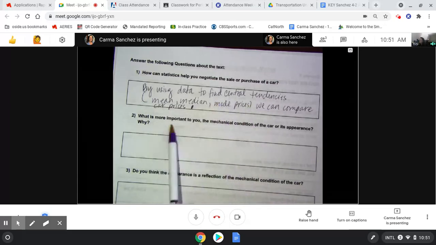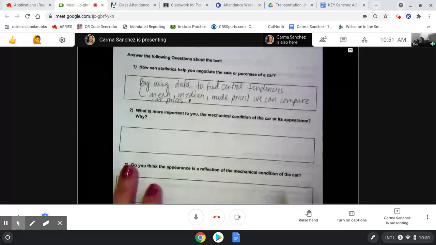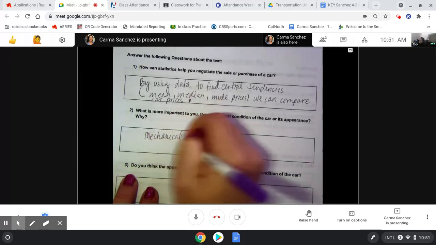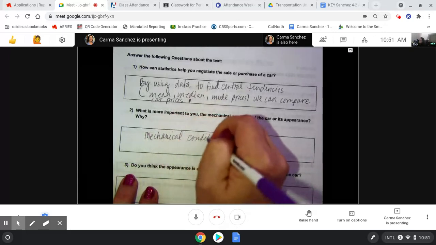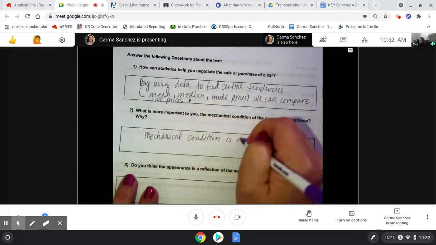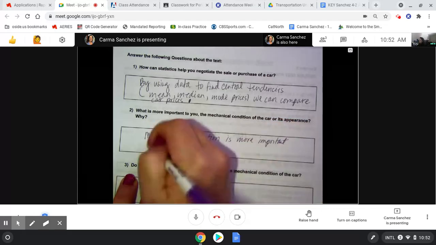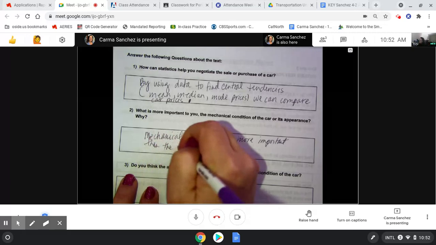What is more important to you, the mechanical condition of the car or its appearance, and why? Hopefully you're thinking the mechanical condition is more important than the appearance.